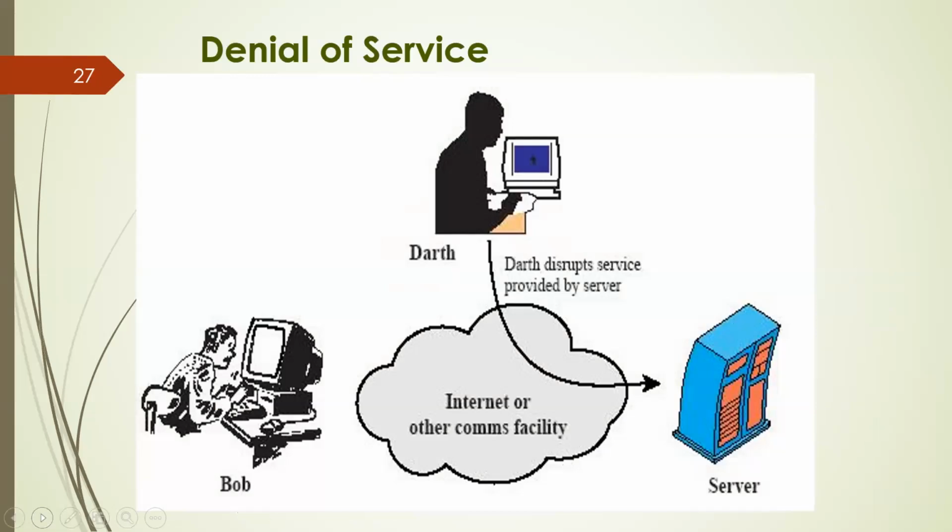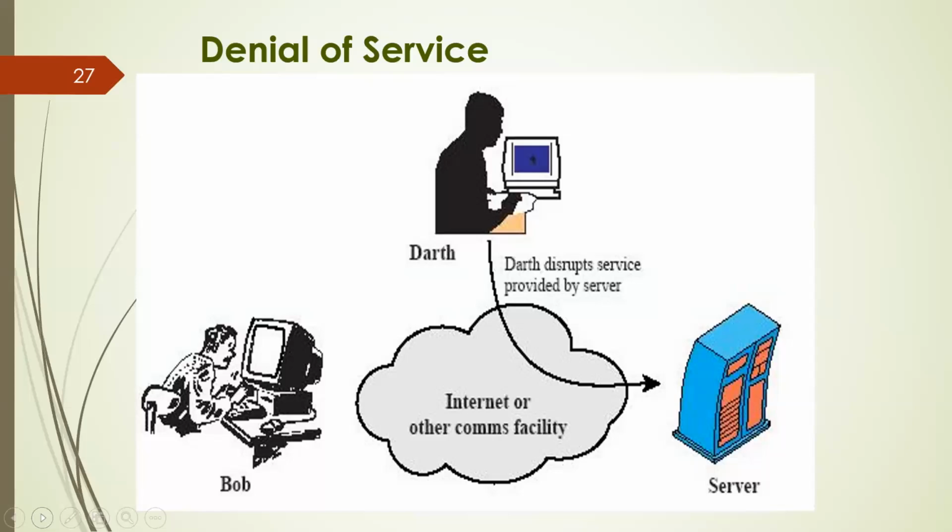Look at what Drath has done in this case. Drath went and logged in and sent several messages to the server to keep it busy. Usually we use what we call zombies, or bots, or daemons, to carry out a denial of service attack.